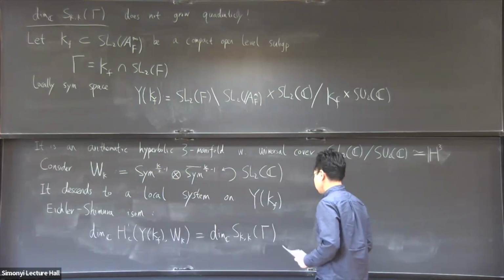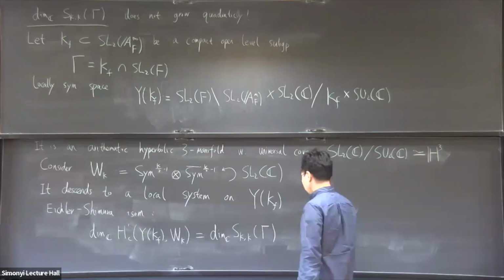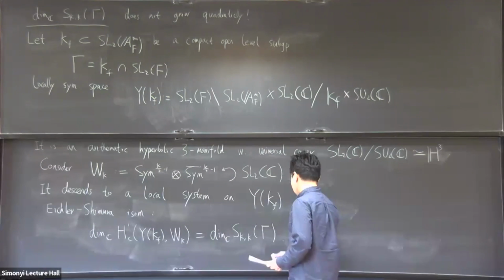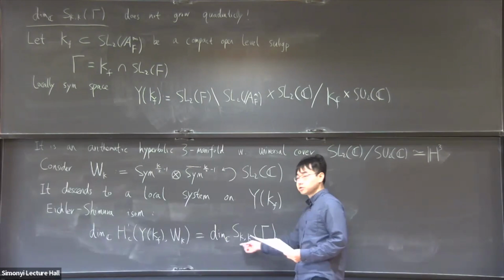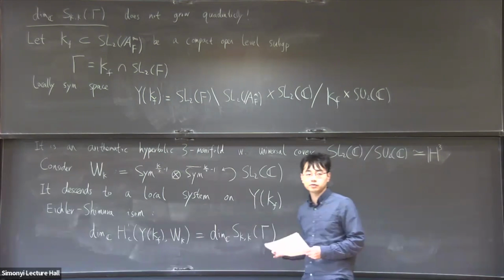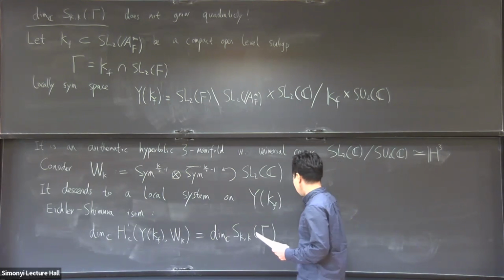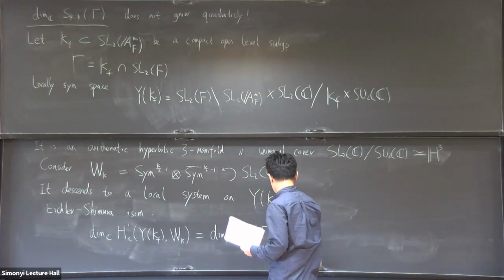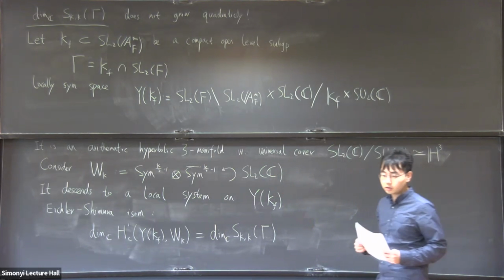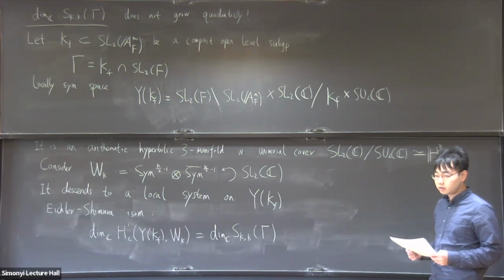I will discuss how to analyze the growth of the right-hand side in terms of the growth of the left-hand side. And presumably the two groups themselves are isomorphic.